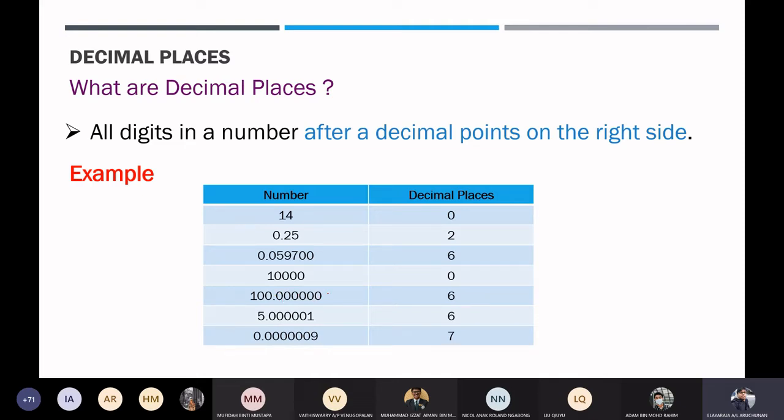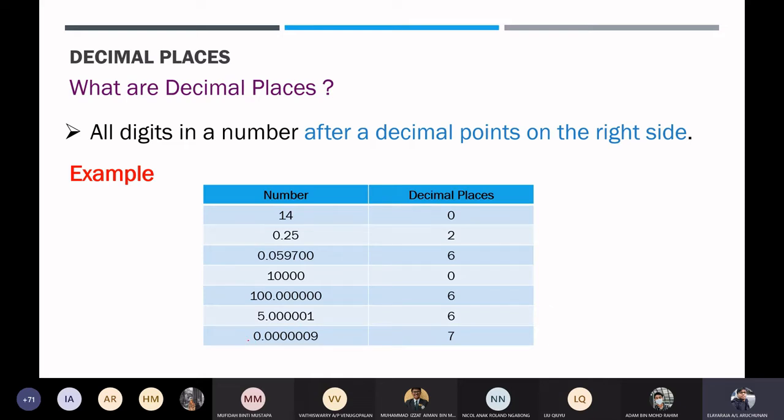There could be a 1 down there, so we do not know. If it is given this way, you should mention that it has 6 decimal places. The same thing goes for this example, 5.000001.